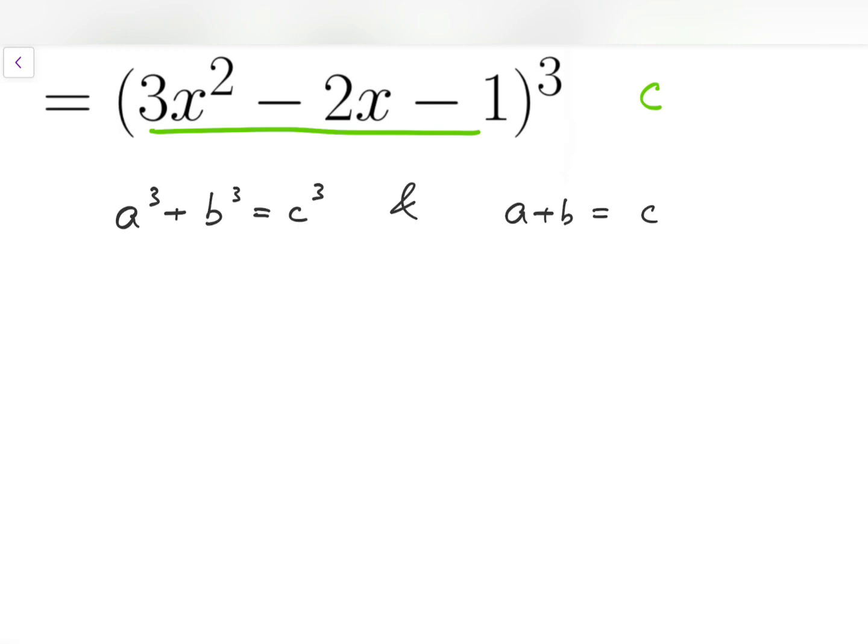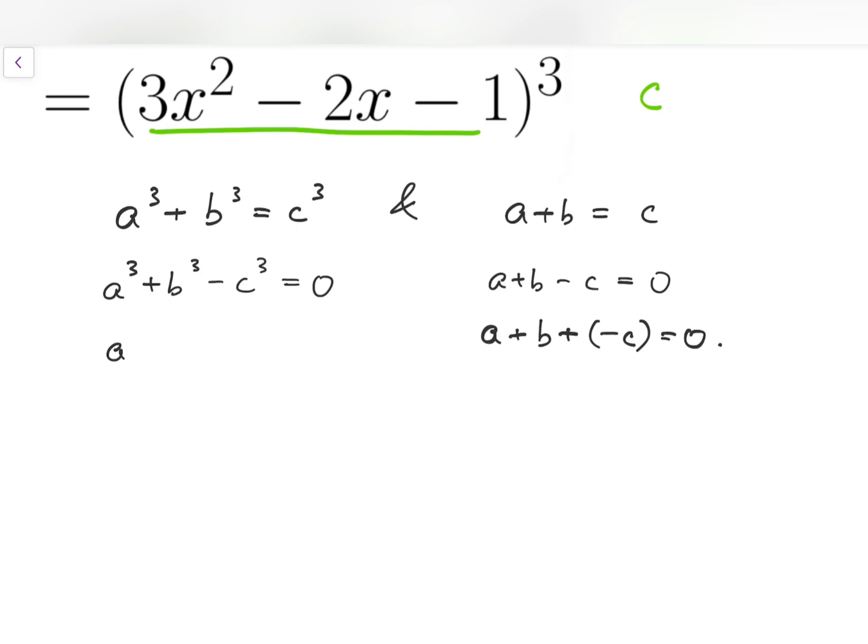And from this, I'm going to rewrite the equation on the sums as a plus b minus c equals 0. In other words, a plus b plus negative c equals 0. So the sum of a, b, and negative c is 0. While for the equation about the sum of cubes, I'm going to rewrite that as a cubed plus b cubed minus c cubed equals 0.